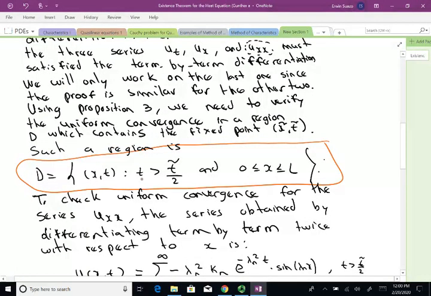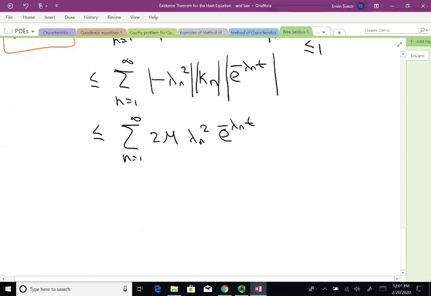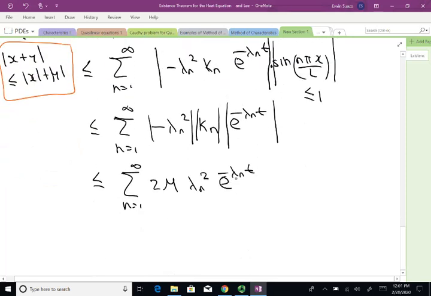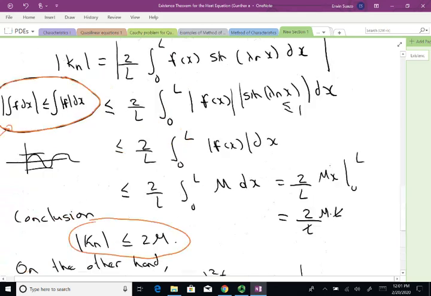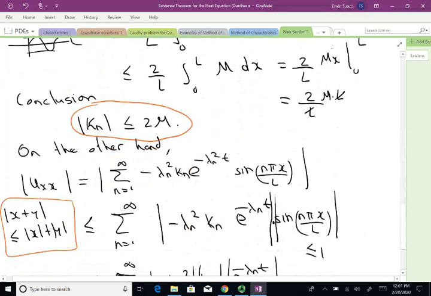If t is bigger than or equal to t bar over 2, because I chose it like that. Look at this. t is bigger than t bar over 2.